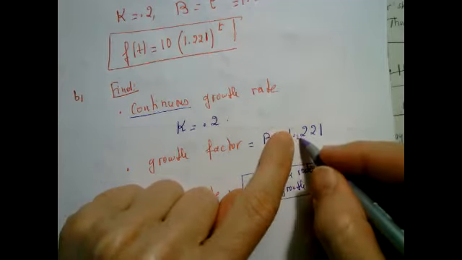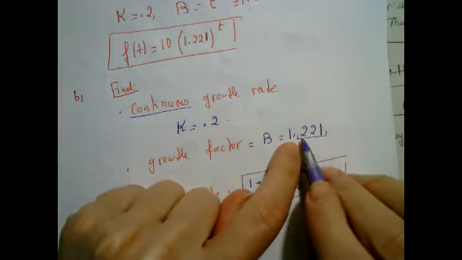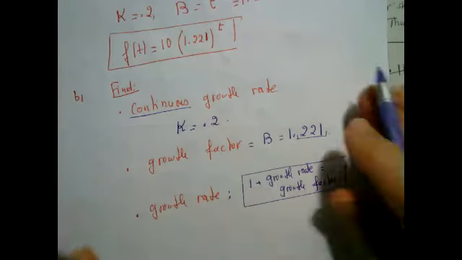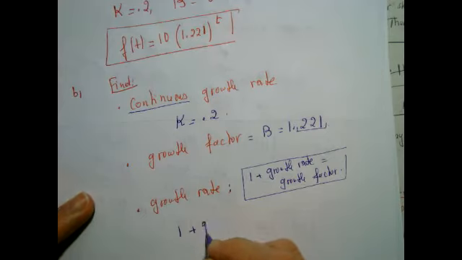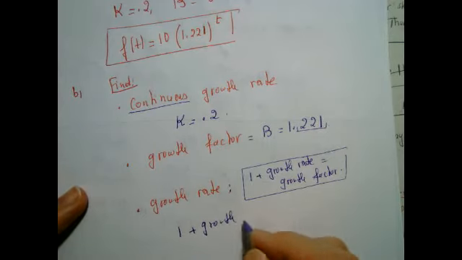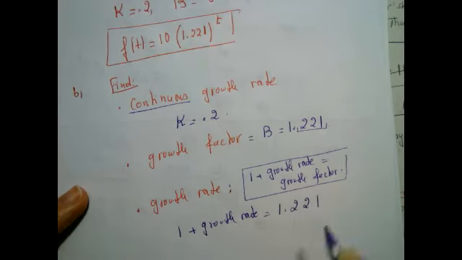It means it grew by that much. That's the rate of growth. It means it grew by 22.1%. So 1 plus the growth rate is 1.221.